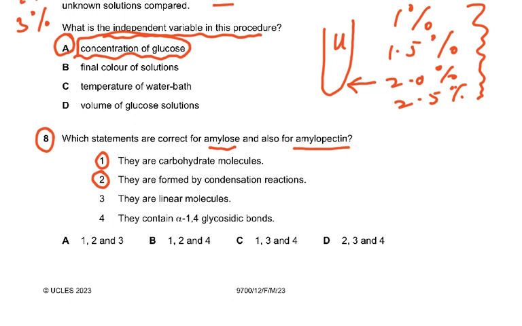They are linear molecules, they contain 1,4. You see, the amylopectin is branched, so this one goes wrong. But they contain 1,4 glycosidic bonds. Yes, this has 1,4, but this has 1,4 and 1,6. So 1,4 is common to both of them. So that is why the answer was B, which is 1, 2, and 4.